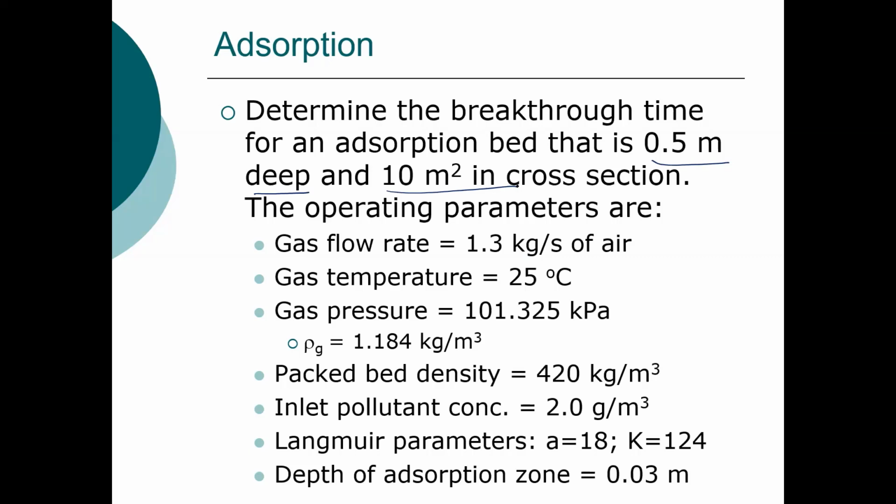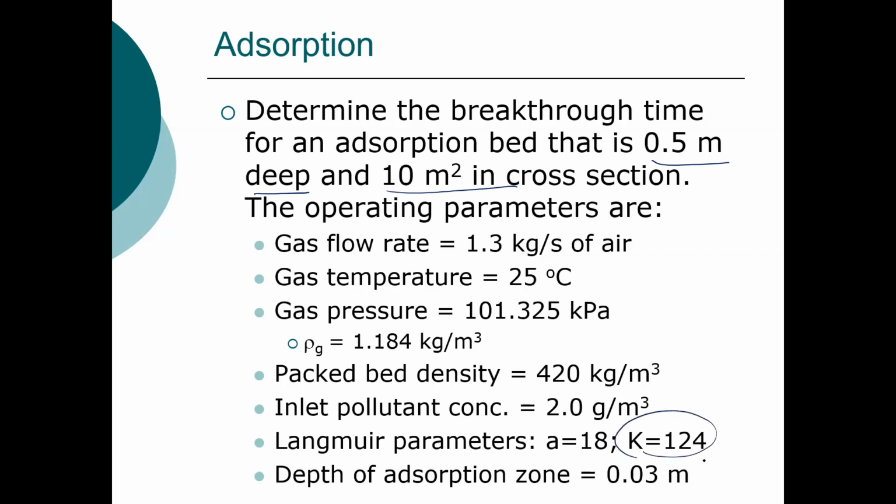You've got a gas flow rate. Notice it's in mass per time. Gas temperature, pressure, density of the gas. You're told the packed bed density of the adsorbent in the column, the influent pollutant concentration, and your Langmuir parameters.